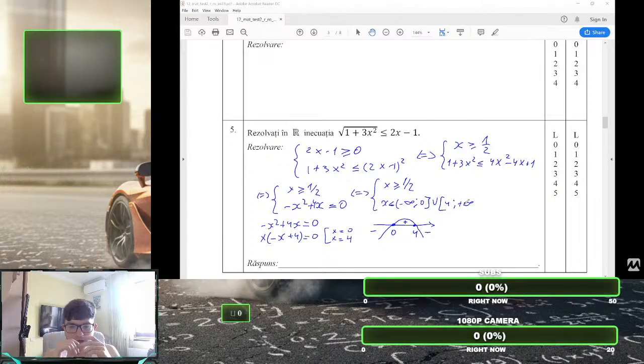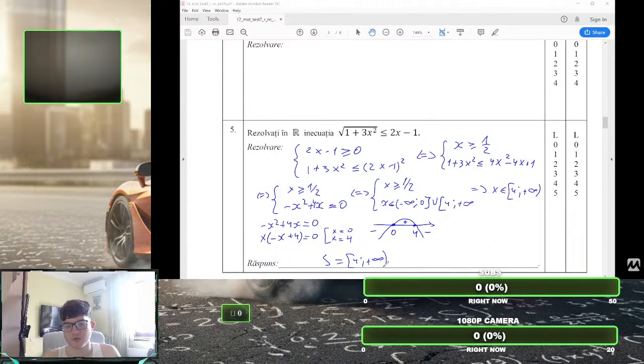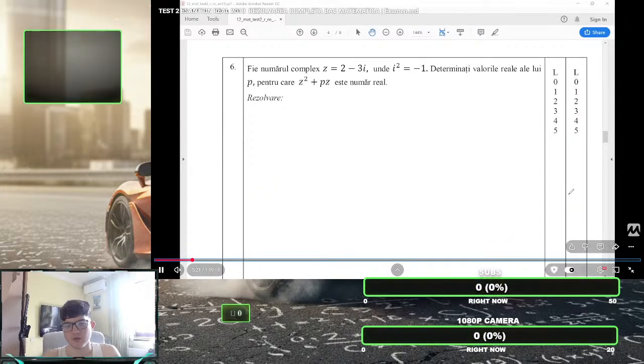Then 4 to plus infinity, it's smaller or equal, so you put the parentheses with rectangular edges, and you take the result that's bigger than 1 divided by 2, and you get this solution. Yeah, this one's trickier.